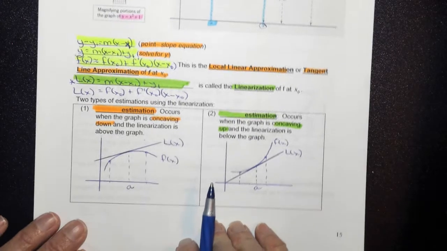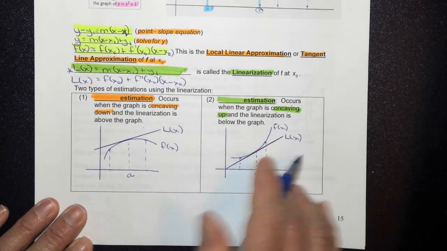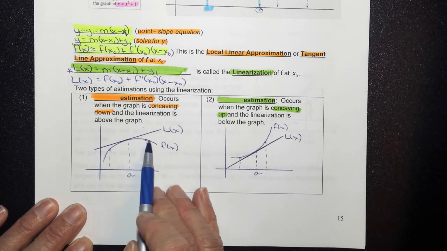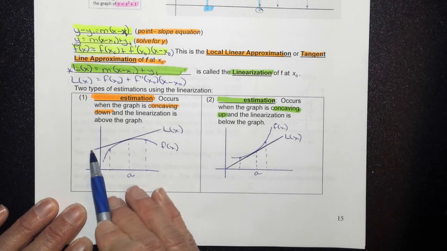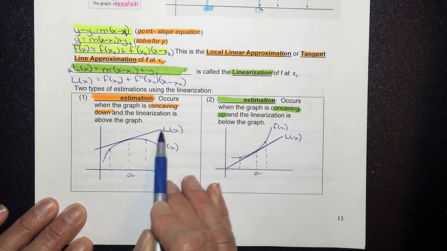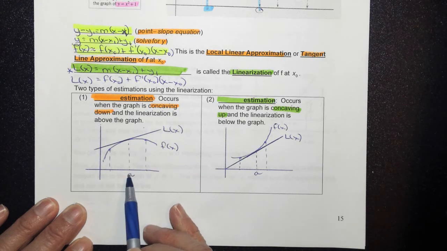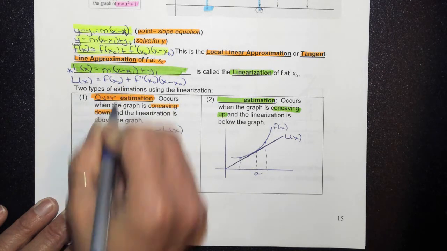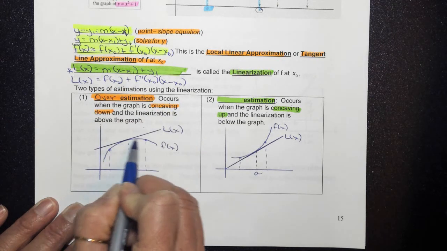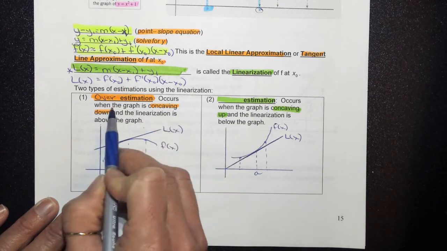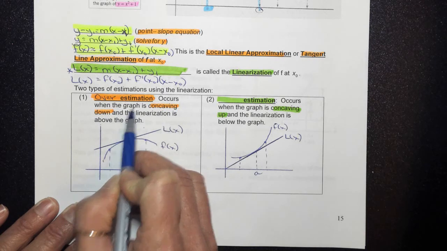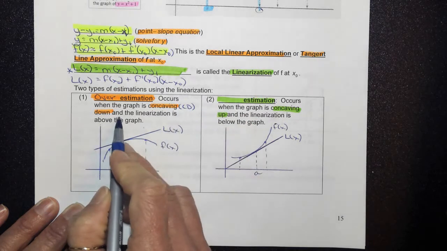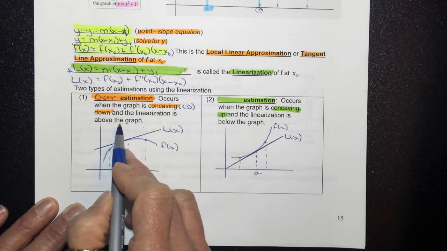When we are using linear approximation, we need to take a look at two types of graphs. If this is my function f of x, and this is the tangent line at a given point a, then this is considered an overestimation. All points will be above the curve, and this will occur when the graph of f of x is concaving down, and the linearization is above the graph.